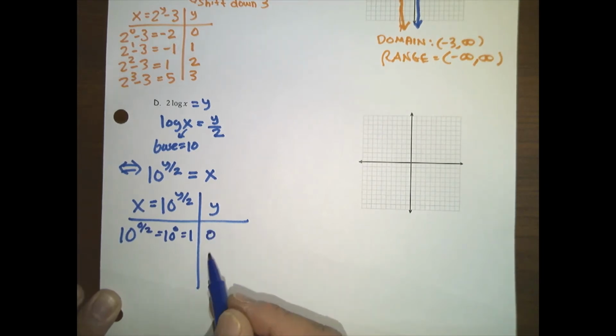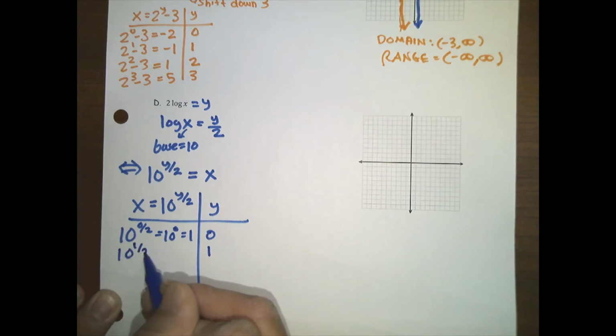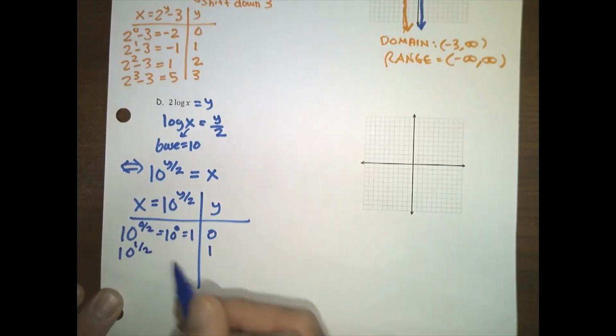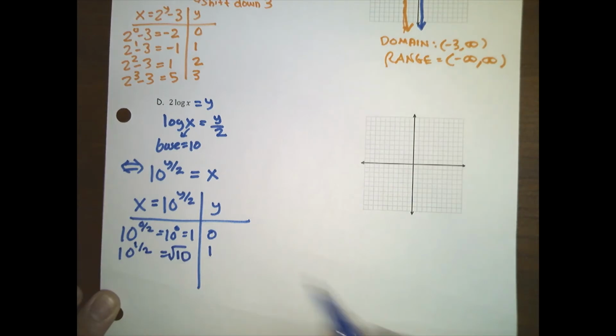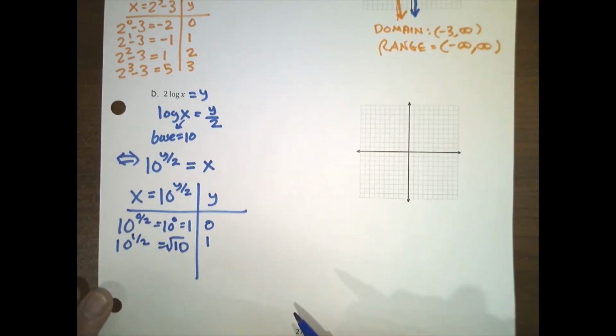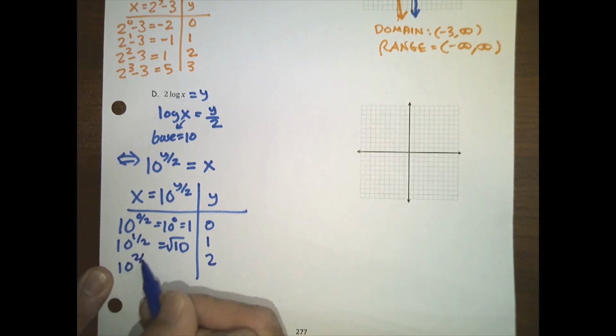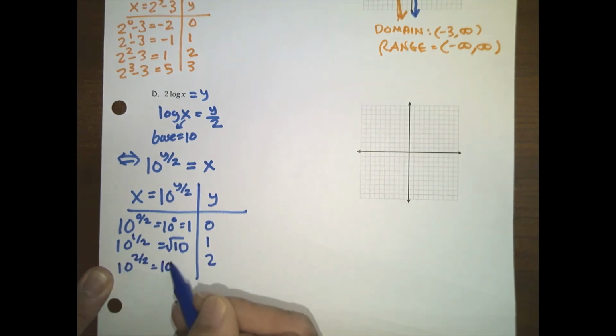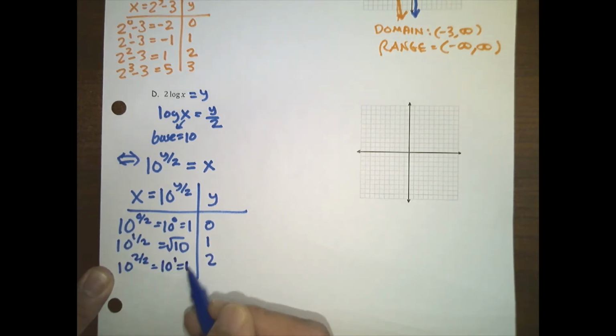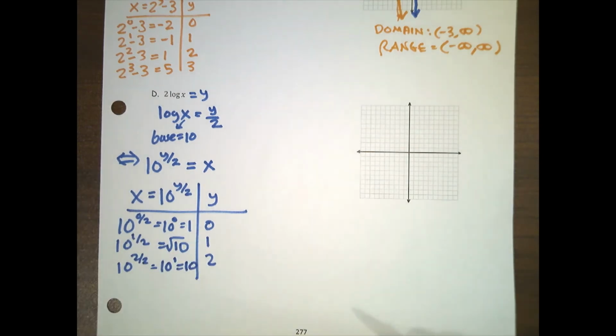So if I pick a 1, I have 10 to the 1/2 power, and that's really the square root of 10. So I probably don't want to deal with that. But if I have 2, 10 to the 2 over 2, that's 10 to the first power, which is 10. So those are the points I might try to graph here.